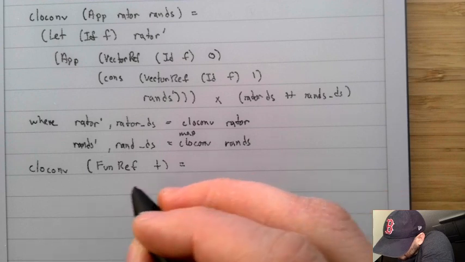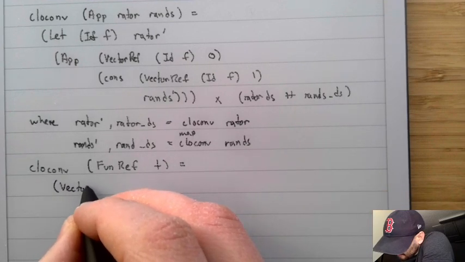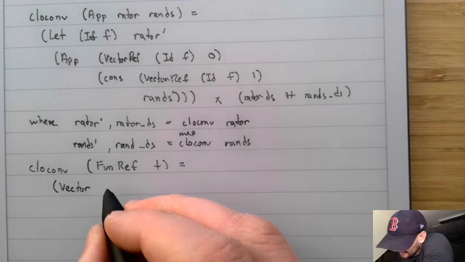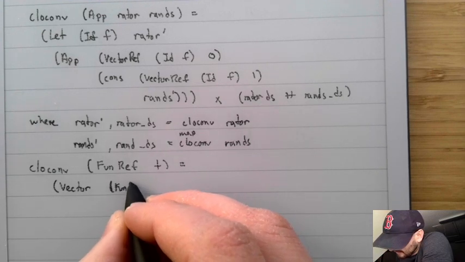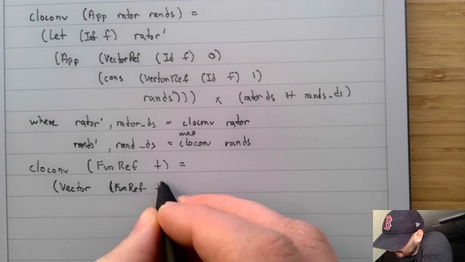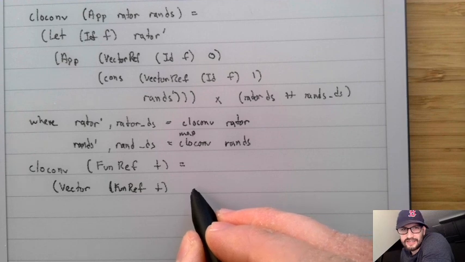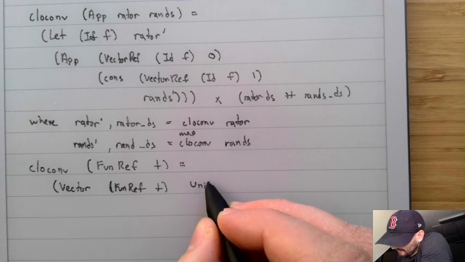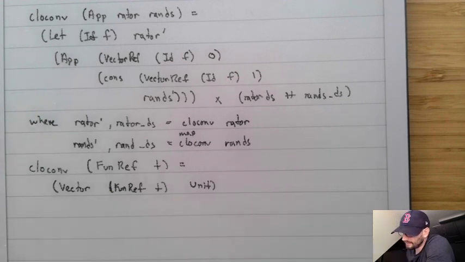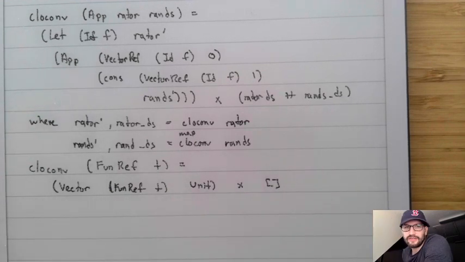So we're going to turn it into a vector where we have t, the function ref t, as the first element. And then we also need to make it so that there is a closure there. And let's just make it so that the closure is just unit. And then, of course, there are no definitions inside of here.